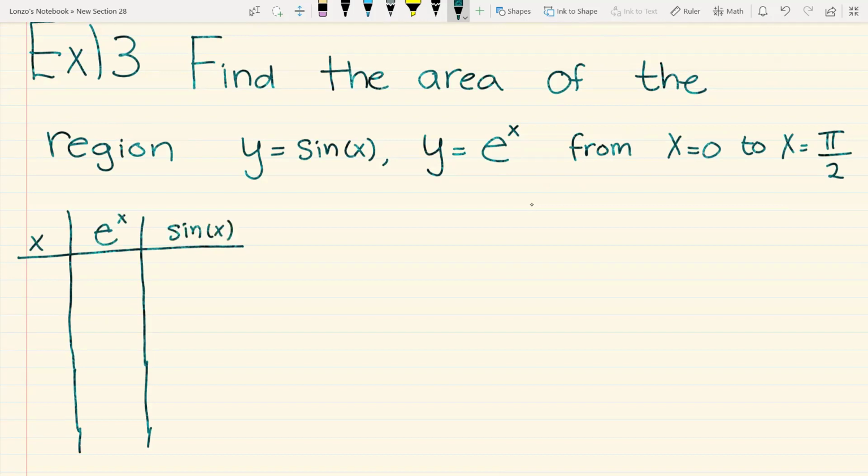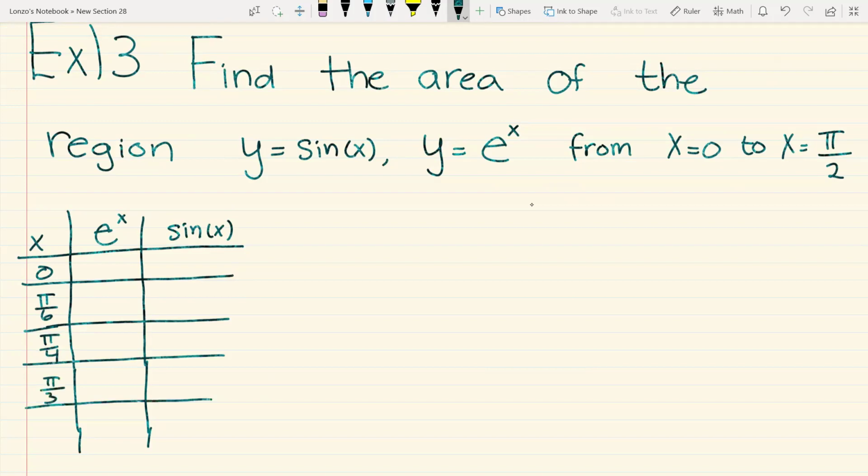So the first x value I'm going to use is 0. The next ones, since we're going from 0 to pi halves, you could use pi 6, pi 4th, and pi 3rd, right? So that's what I'm going to do. I'm going to use pi 6, pi 4, pi 3, and then pi halves.